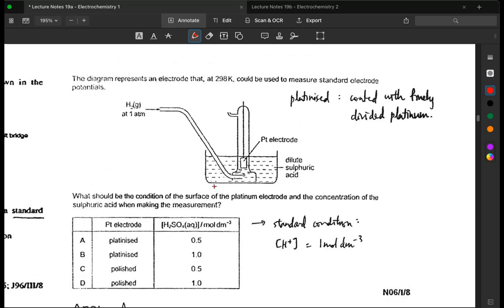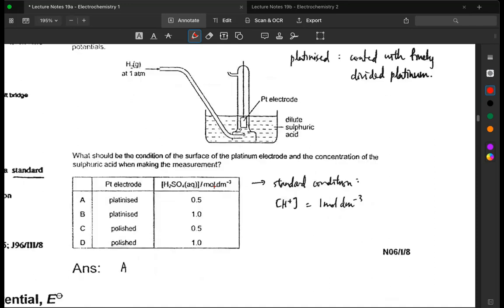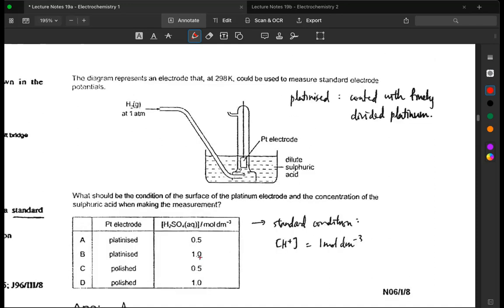Many people might choose B or D. First of all, the platinum electrode should not be polished. The better word is platinized. Platinized means you coat the electrode with finely divided platinum, putting fine platinum particles on it to increase surface area.